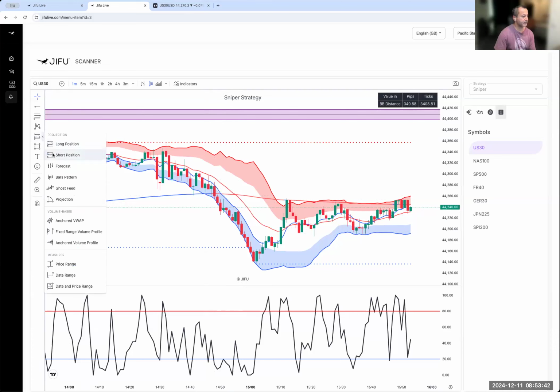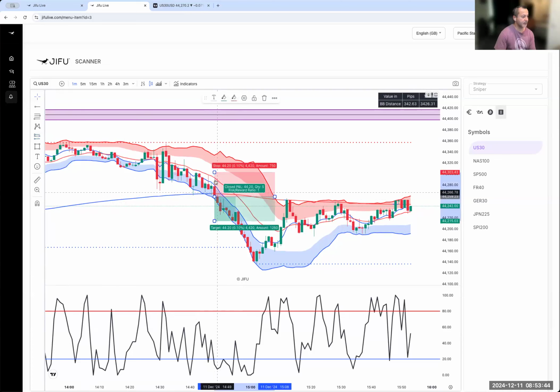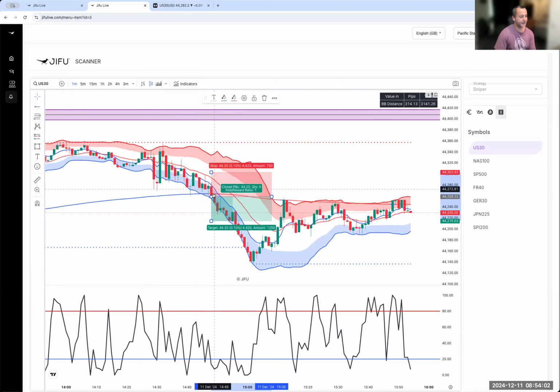I'll just draw it up. So typically, I don't recommend just taking a break of this primary trend line. But for myself, like I said, I saw multiple attempts at it. This is clearly trending down. The bands are starting to separate here.